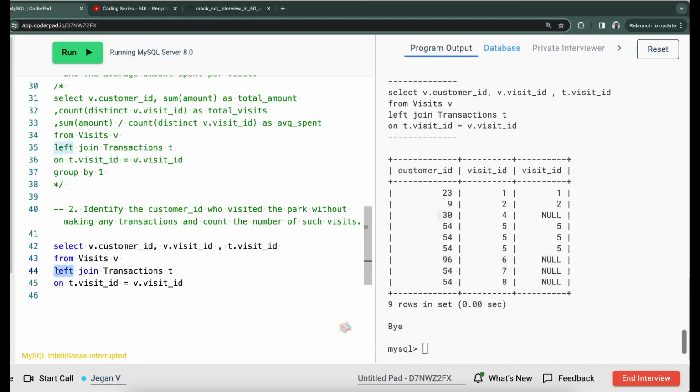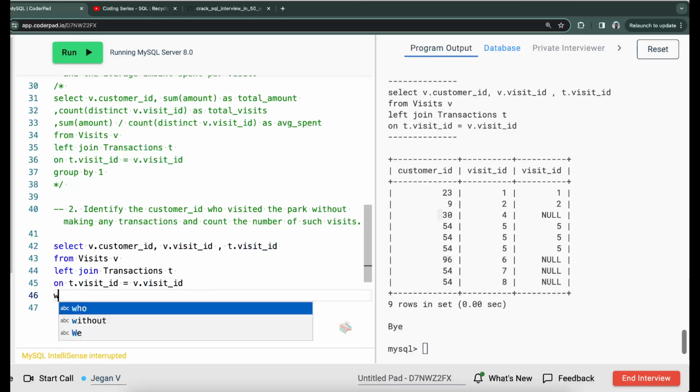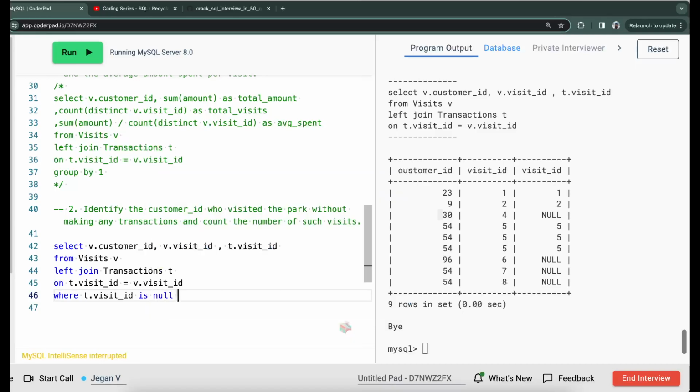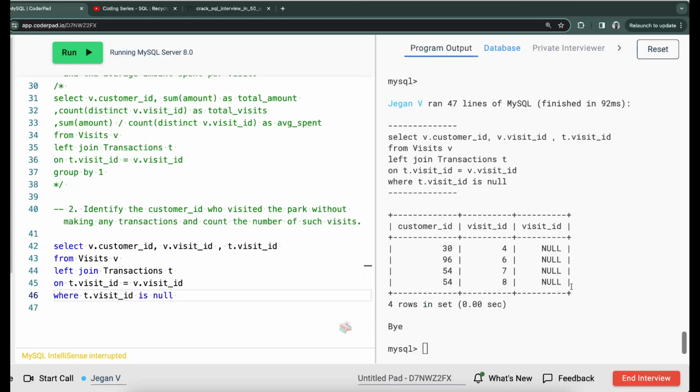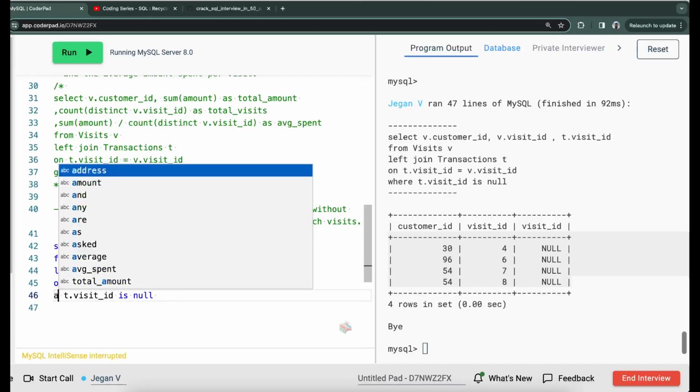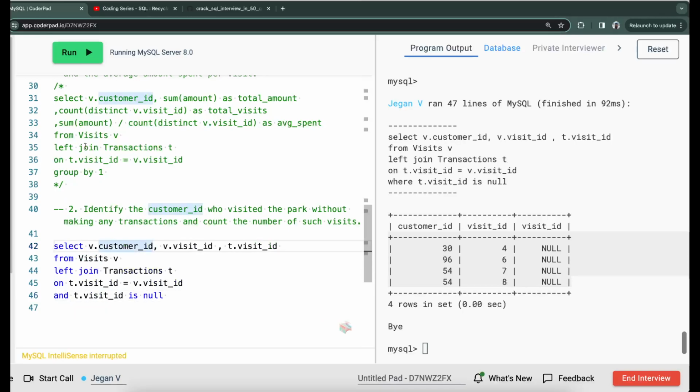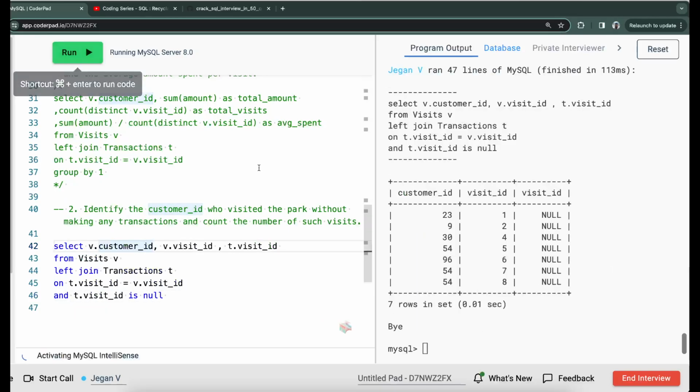The left join is the perfect one, and then we have to use a where condition where t dot visit ID is null, right? When you do that, we find those visits which don't have any relationship in the transaction table. So what happens if you put an AND as a filter instead? It's not going to make the exact filter.